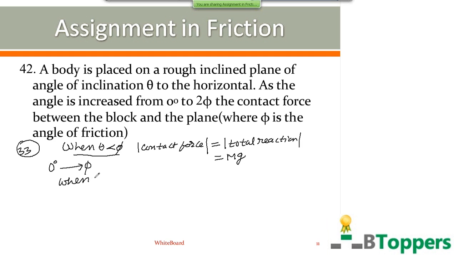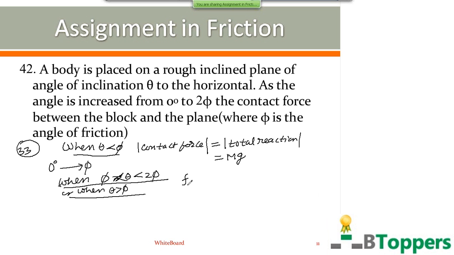But when phi is less than theta, less than 2 phi, or when theta lies between phi and 2 phi, that is, when theta is more than the angle of friction, the block begins to move down the inclined plane with an acceleration.